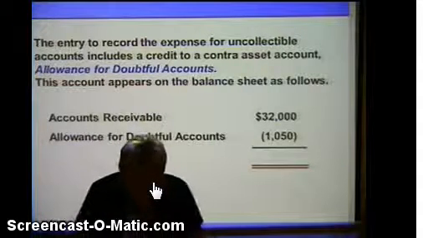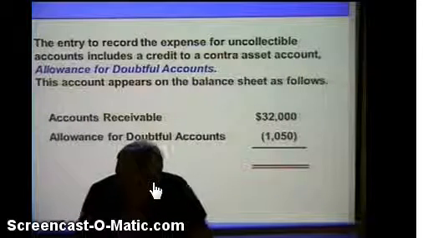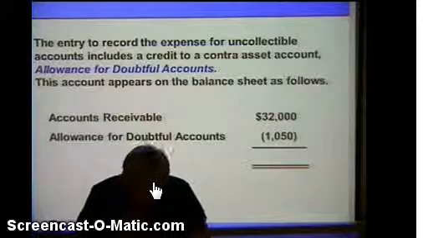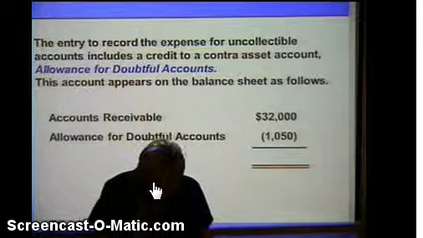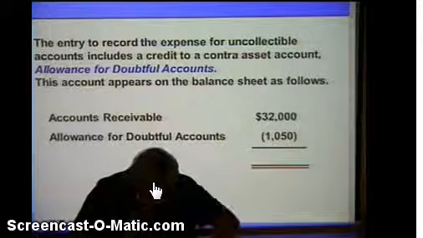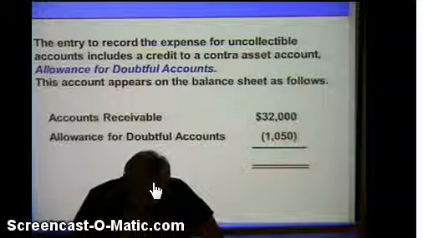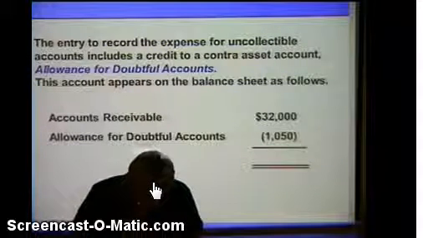What page is that on? 402? Okay. Let's look at that then for sure. It had a balance of $250. 403.